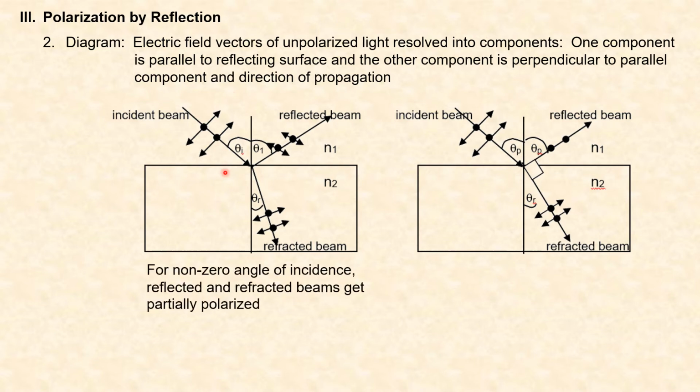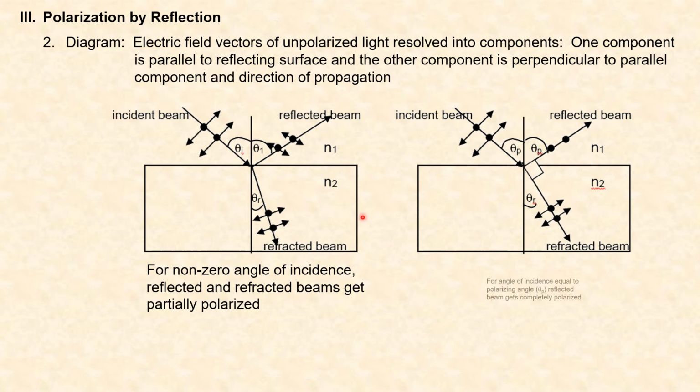So it turns out that for a non-zero angle of incidence, the reflected beam here and the refracted beam, this is the beam that is reflected and refracted from a non-metallic surface, will get partially polarized.